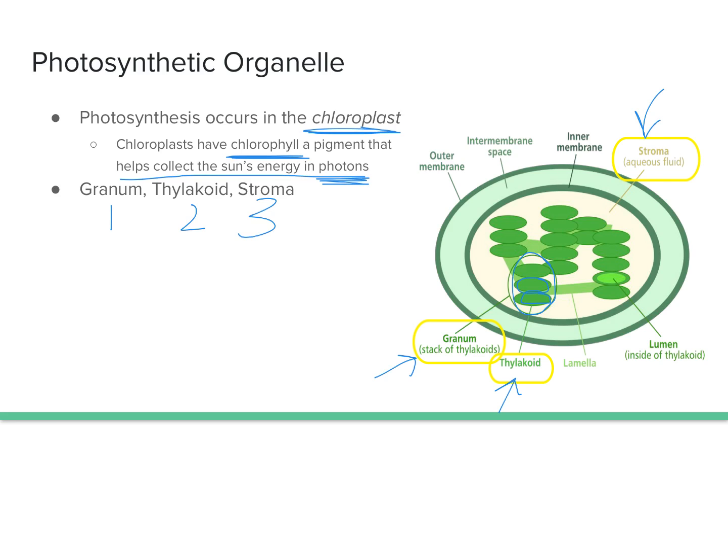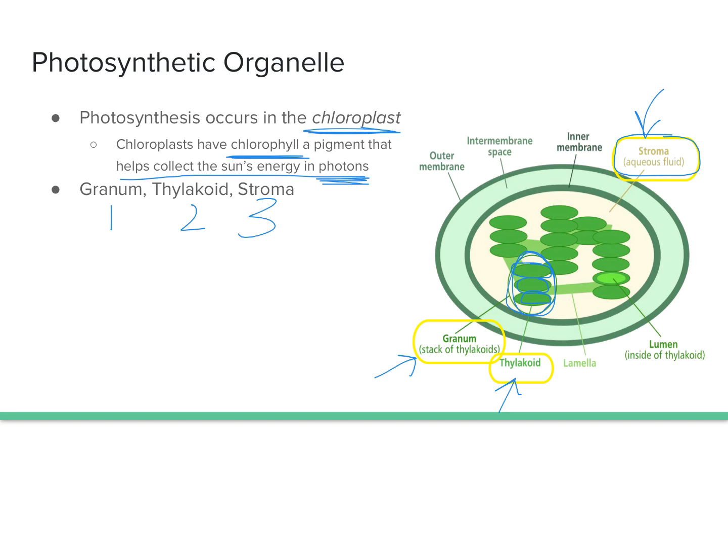They are where the light reactions of photosynthesis happen. A stack of these, so these 3 right here, is called a granum. Just like cells and mitochondria, there's fluid inside, and this is called our stroma. That's the fluid that surrounds the thylakoids. This is where our light-independent reactions, or the Calvin cycle, happen.